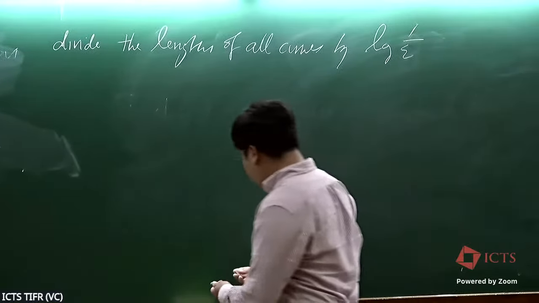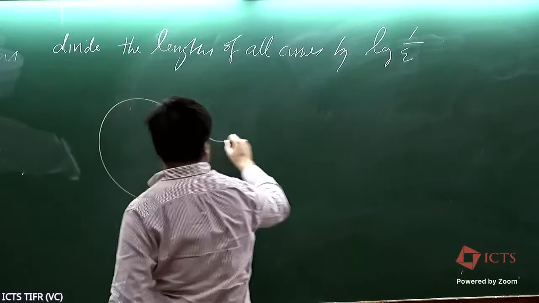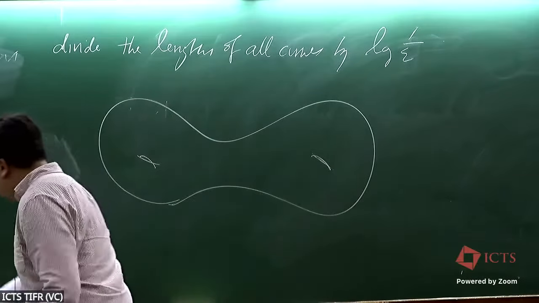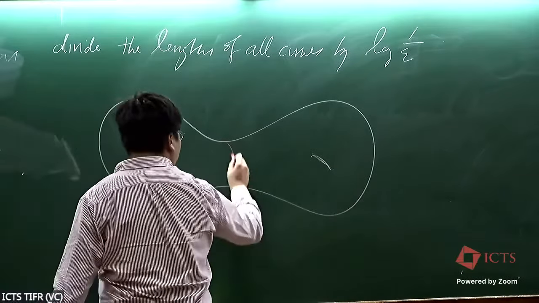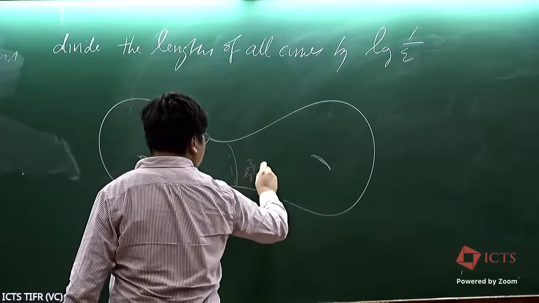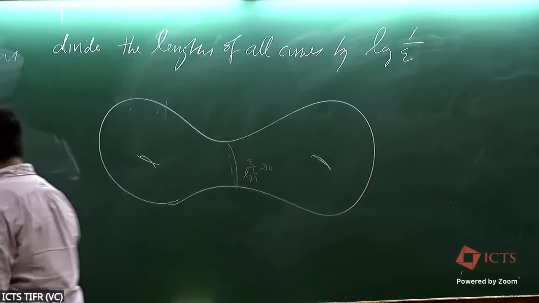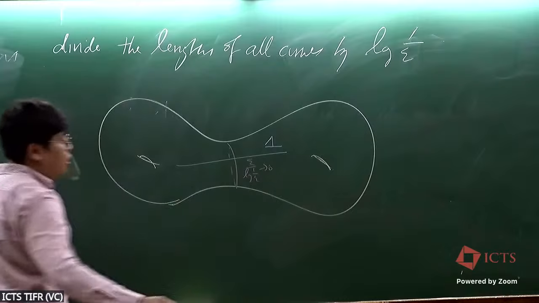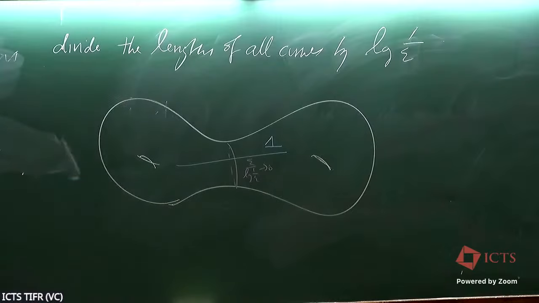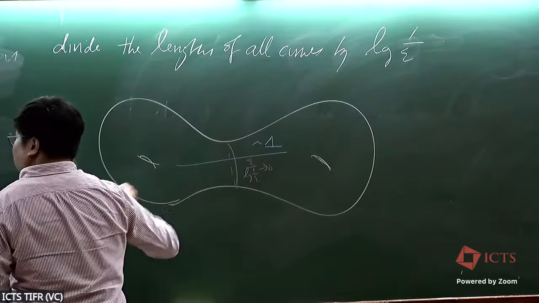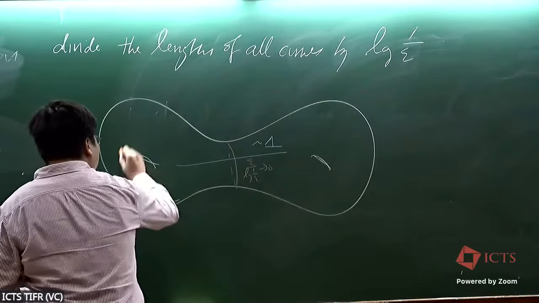Okay, so you can start to see what happens. If I do that, well, this red curve goes to 0 even faster. That's okay, there's no problem there. But now this blue arc is normalized to be 1, since I divided by log 1 over epsilon. And then you can see these moderate length curves, well, they might grow a little bit.